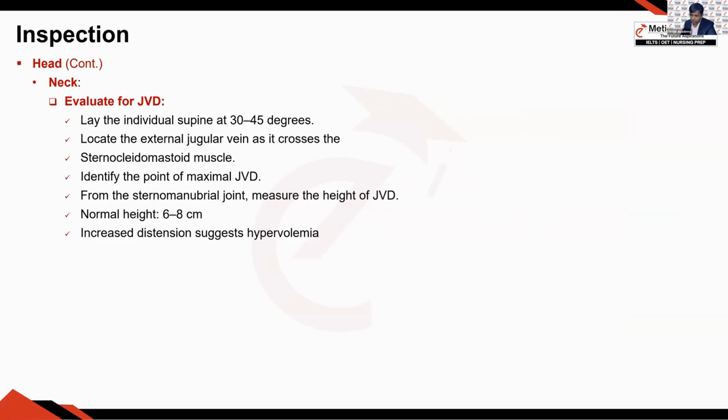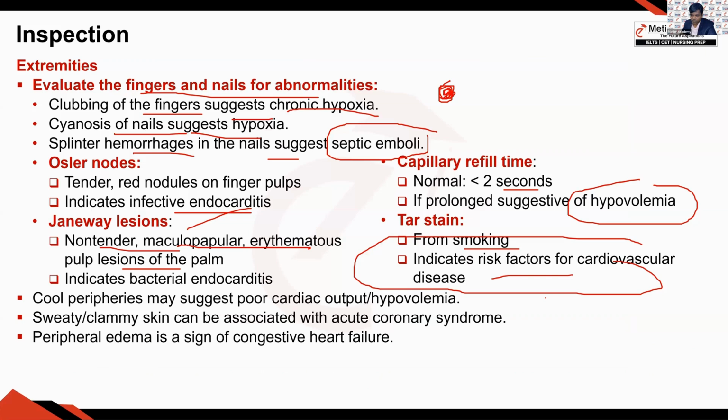What is important in the neck? And extremities, what is important? In extremities, we are assessing hypoxia, chronic hypoxia, peripheral edema, tar staining from smoking, capillary refill time, Janeway lesions. We are assessing Osler nodes suggesting infective endocarditis, and septic embolism, splinter hemorrhage also they are assessing.